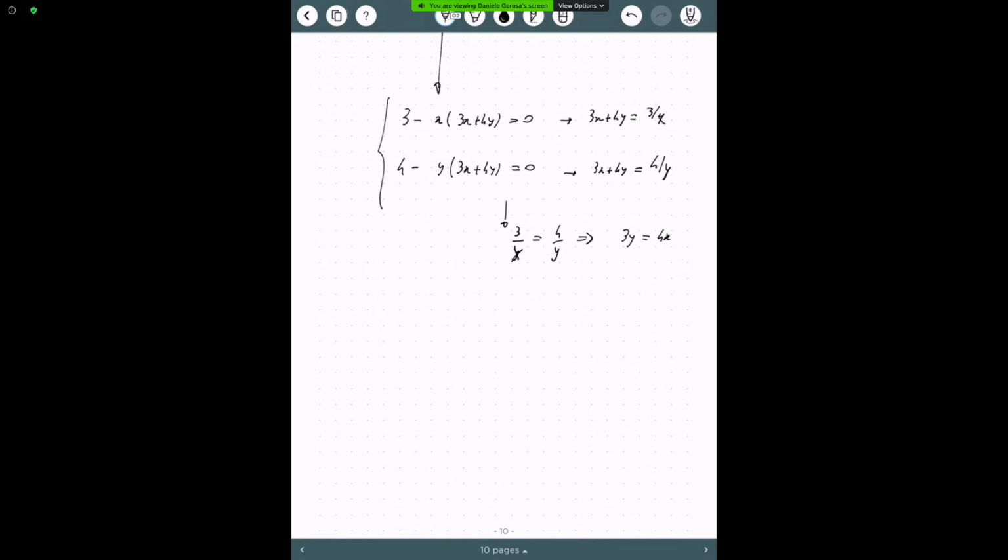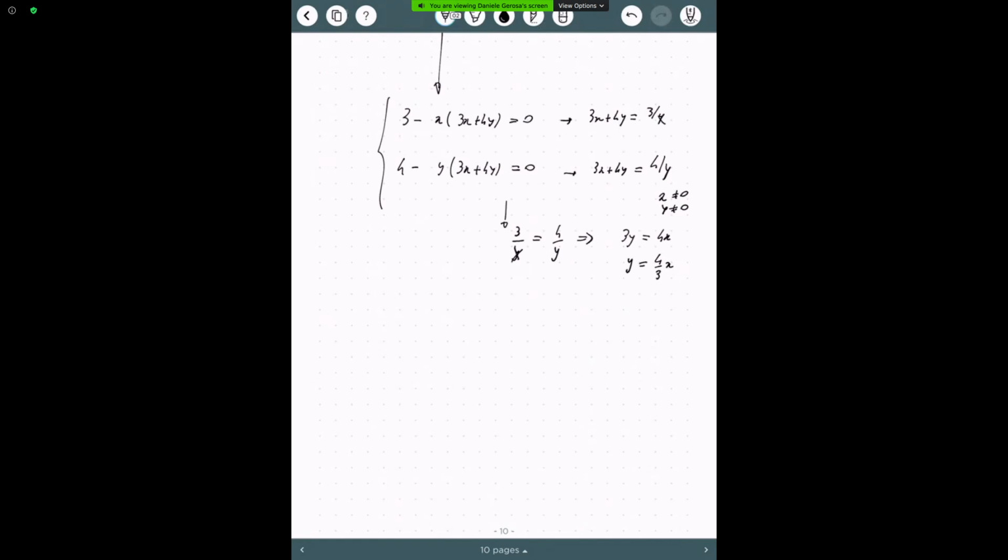Of course, I am excluding x different from 0, y different from 0. You can immediately see that x equal to 0 and y equal to 0 is not a critical point. Just substitute and you see that it doesn't solve the gradient equations. Okay, so here we have a relation between x and y, a linear one.